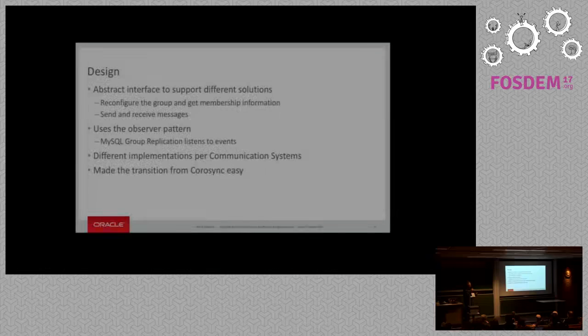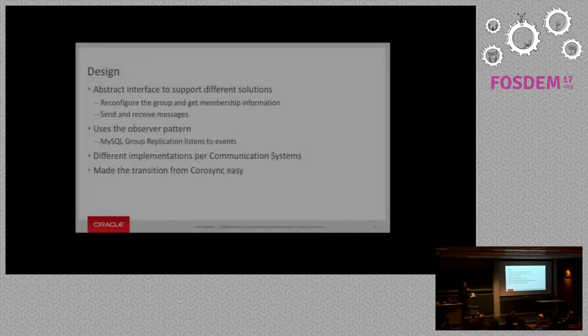In the beginning, our solution was based on Corosync. It worked fine as a prototype, but it had several issues with Corosync, and I will highlight some of the main issues that led us to choose another solution, an in-house solution.